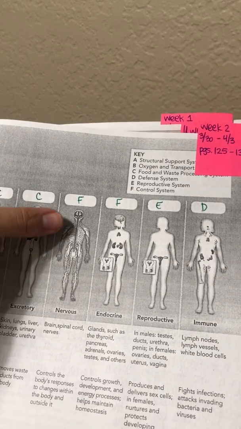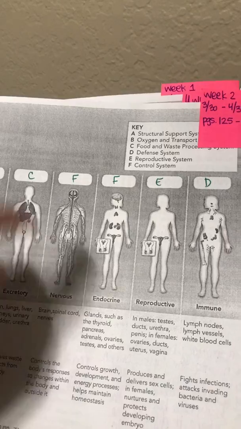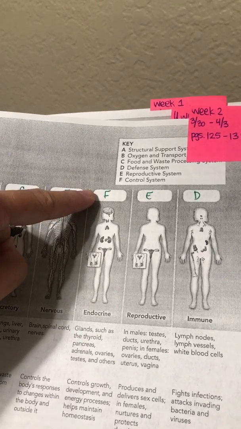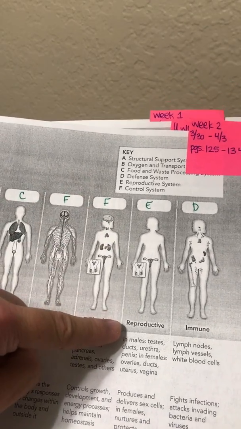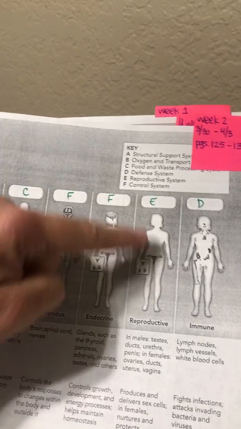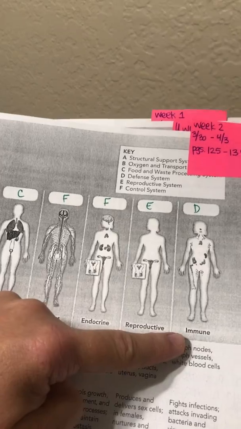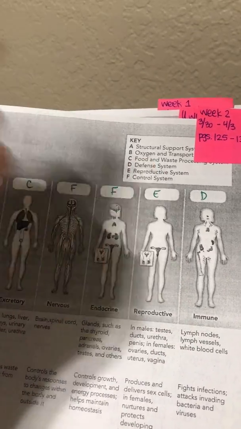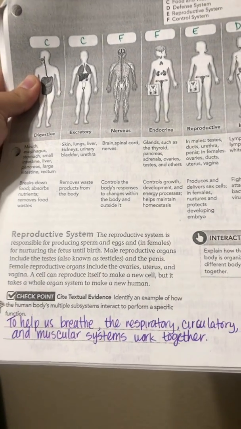For nervous system, it is a control system. For endocrine system, it is also a control system. For reproductive system, it is just E, reproductive system, so pretty simple. And for immune system, it is D, a defense system. Okay, let's look over the bottom part for our answer.